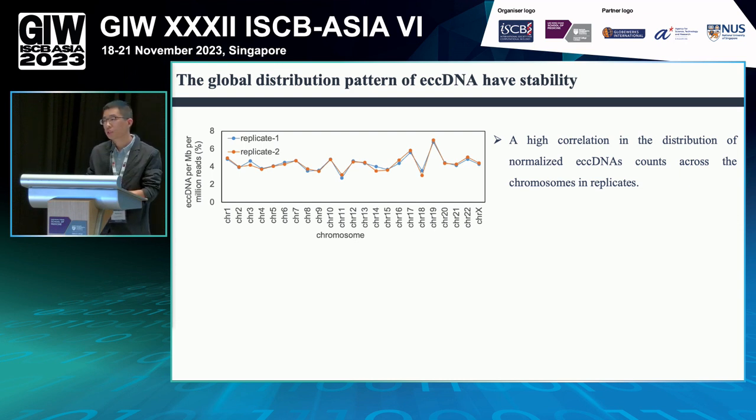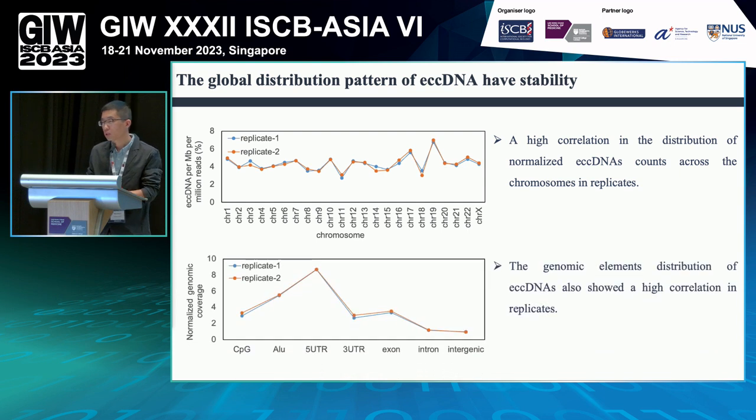I observed a high correlation in the distribution of the normalized eccDNA count across the chromosomes in replicates, and the genomic elements distribution of eccDNA also showed a high correlation in replicates. So I think the global distribution pattern of eccDNA has stability.